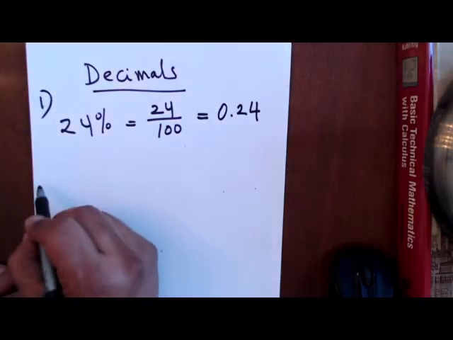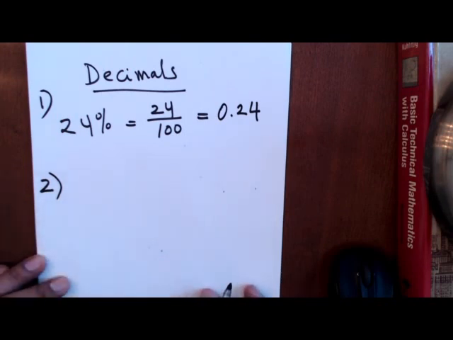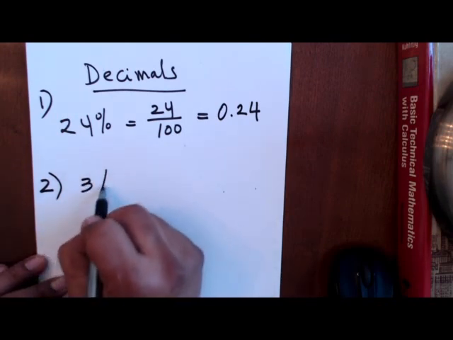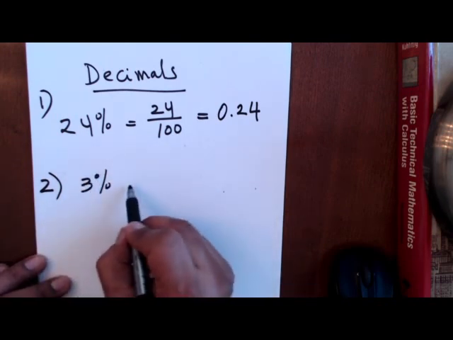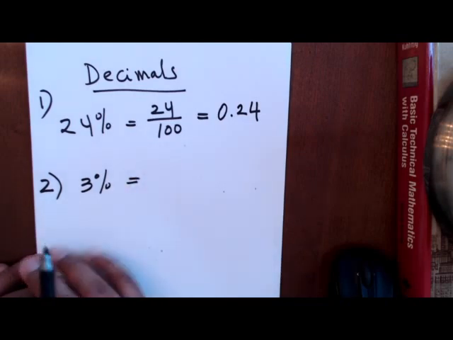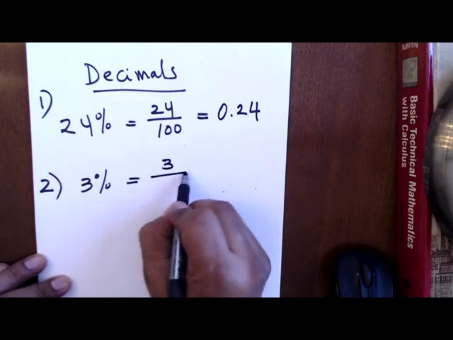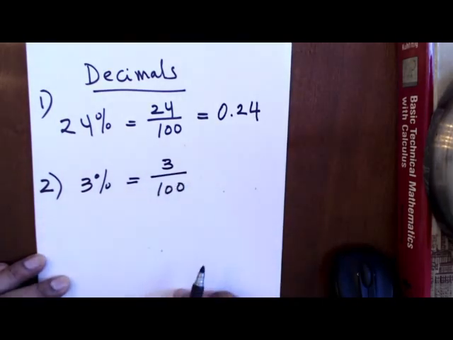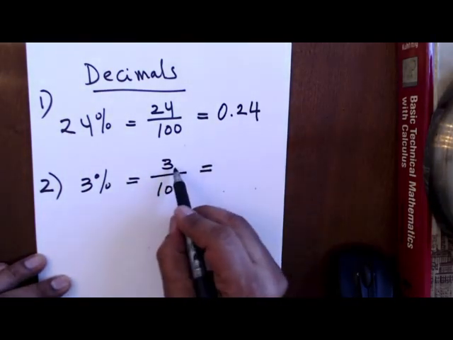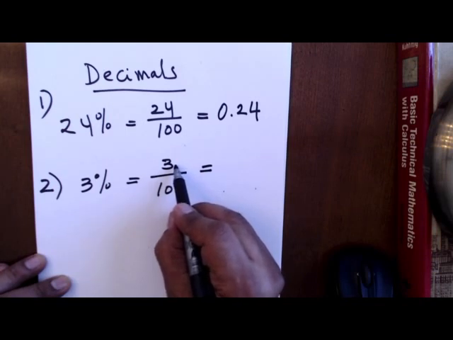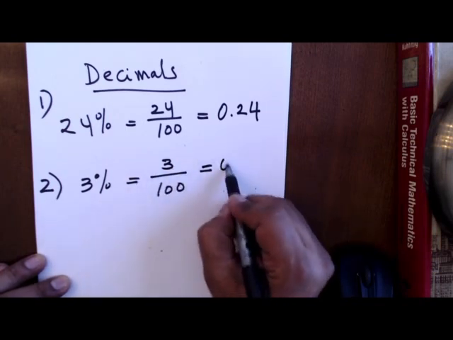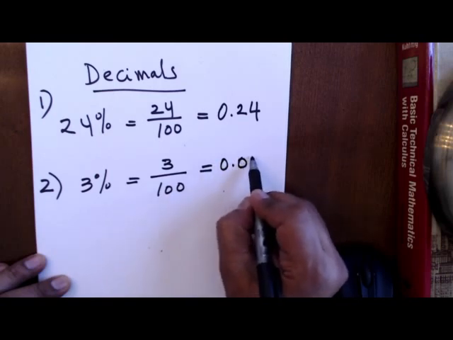Now let's do another one. 3%. What is that equal to? Again, follow the methodology. Put the number here, 3 divided by 100. Now the decimal point is right here, so you have to move it 2 times, 1, 2. So this will be 0.03.